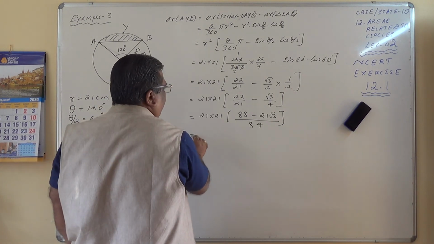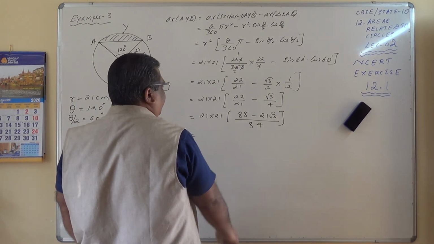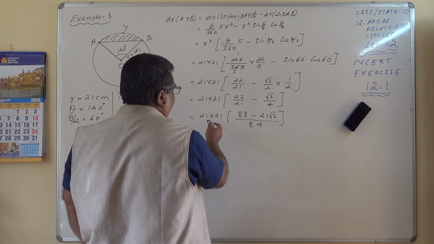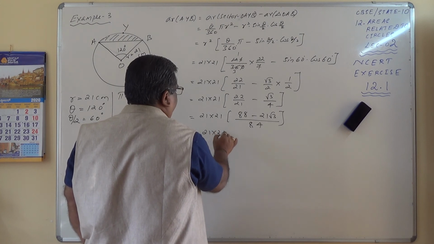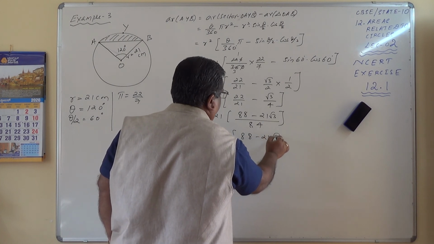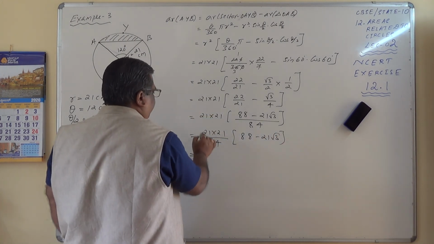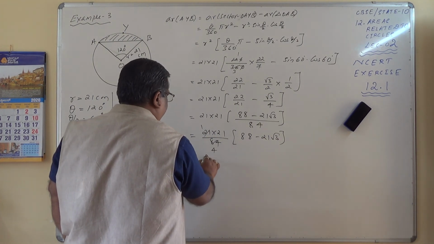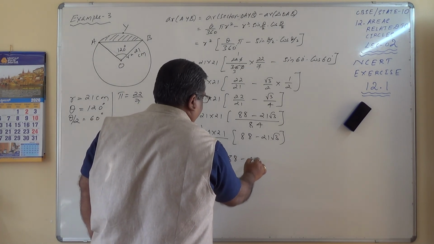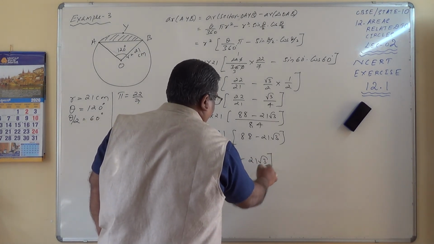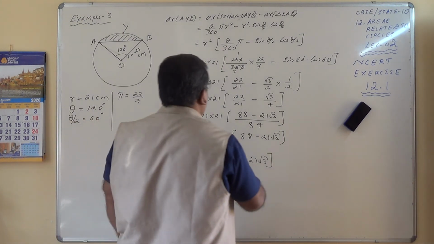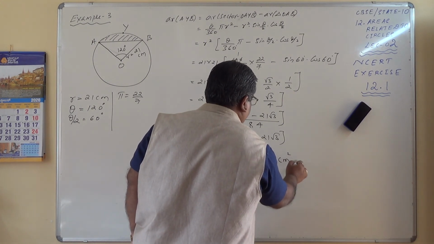Okay, this equals, 84 I can take it outside. 21 into 21 divided by 84 into bracket 88 minus 21 root 3. 21 ones are 21, 21 fours are 84, so 21 by 4 into bracket 88 minus 21 root 3. Let me check the answer. Yeah, it is correct. So this is in square centimeter.